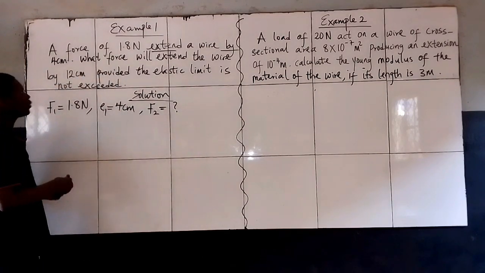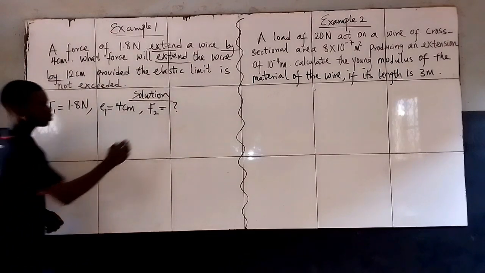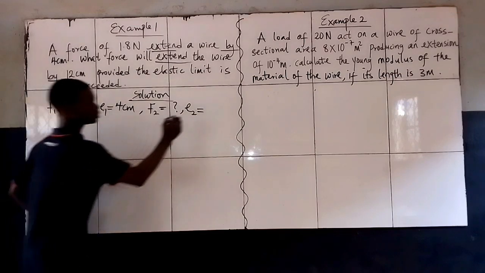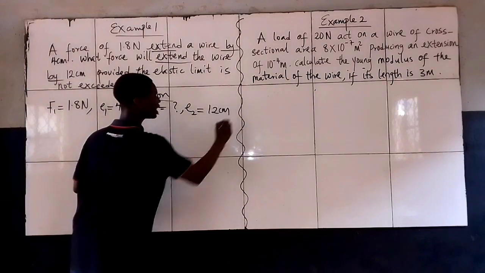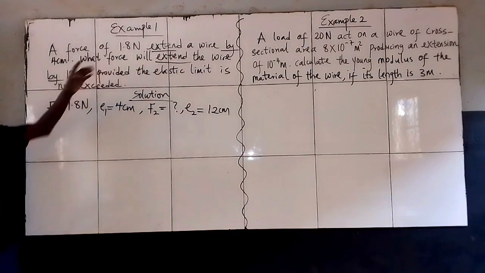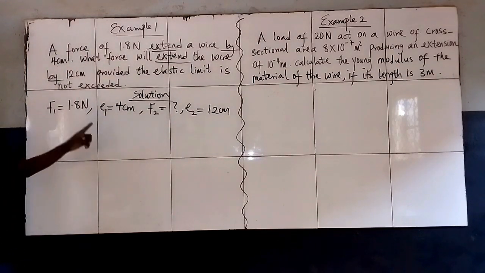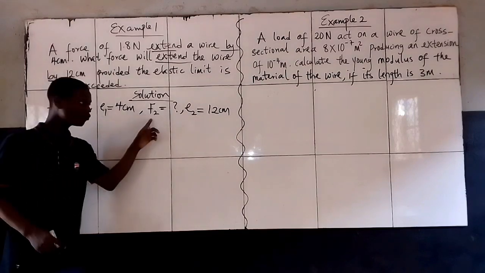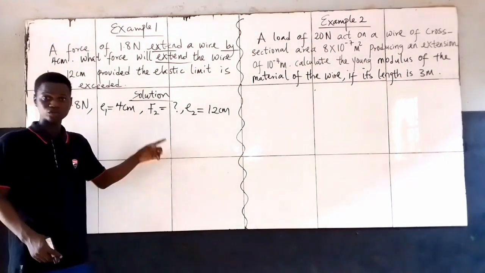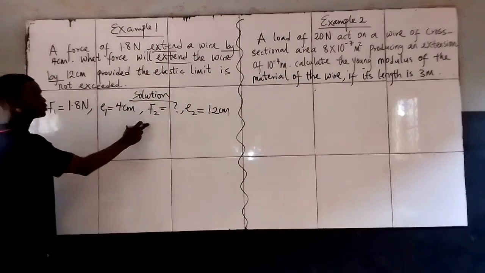What force will extend the wire by that same wire, we stretch it by 12 cm. We don't know the second force, that's why we asked to calculate. So this is F1, E1, F2, E2.